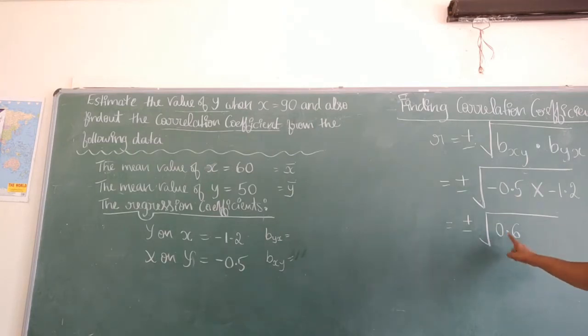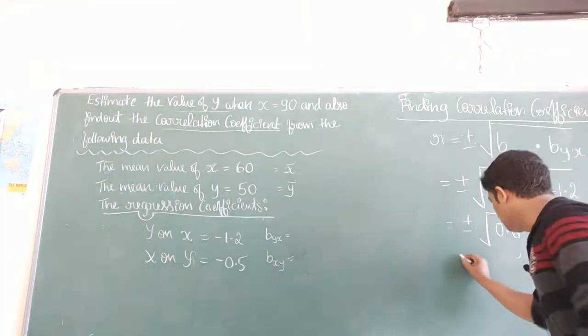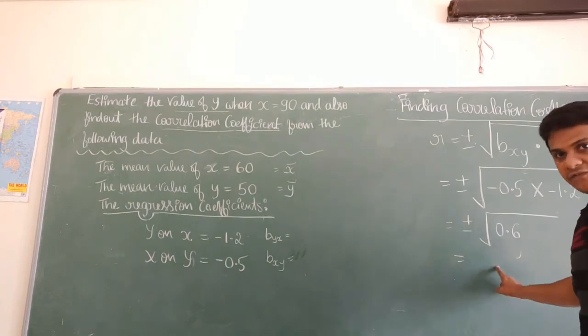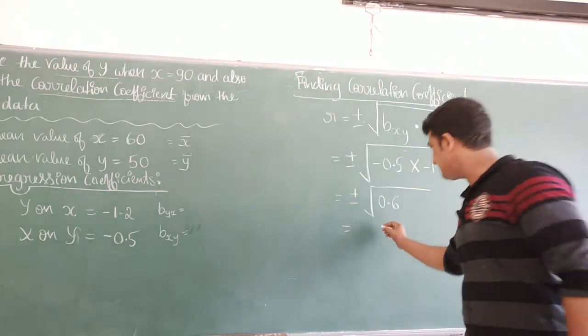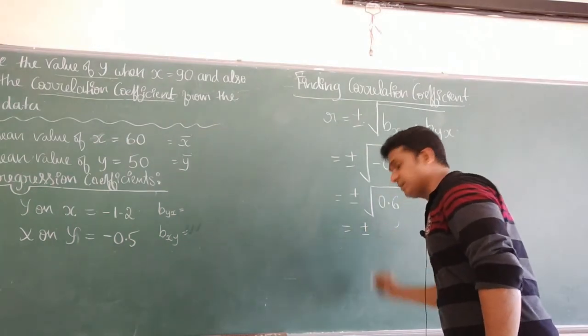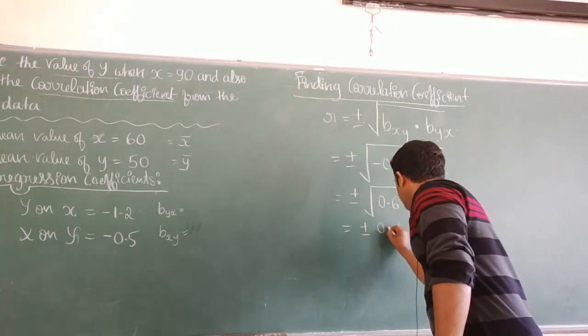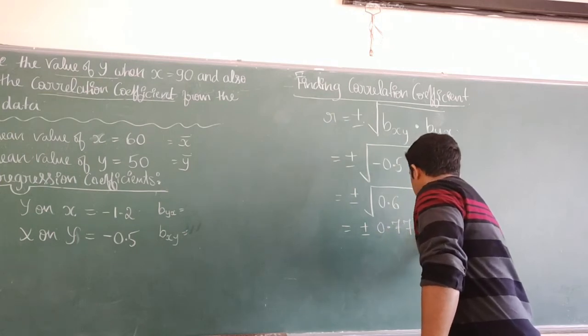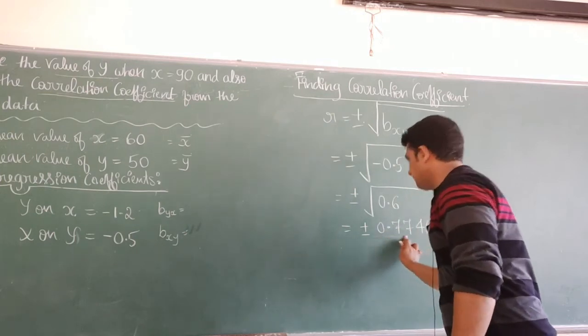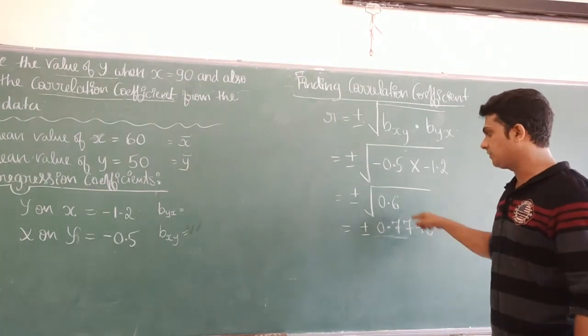Use your calculator and find the root. So the root of 0.6 is, plus or minus will remain as it is, 0.7746. 0.7746 is the value after finding the root.